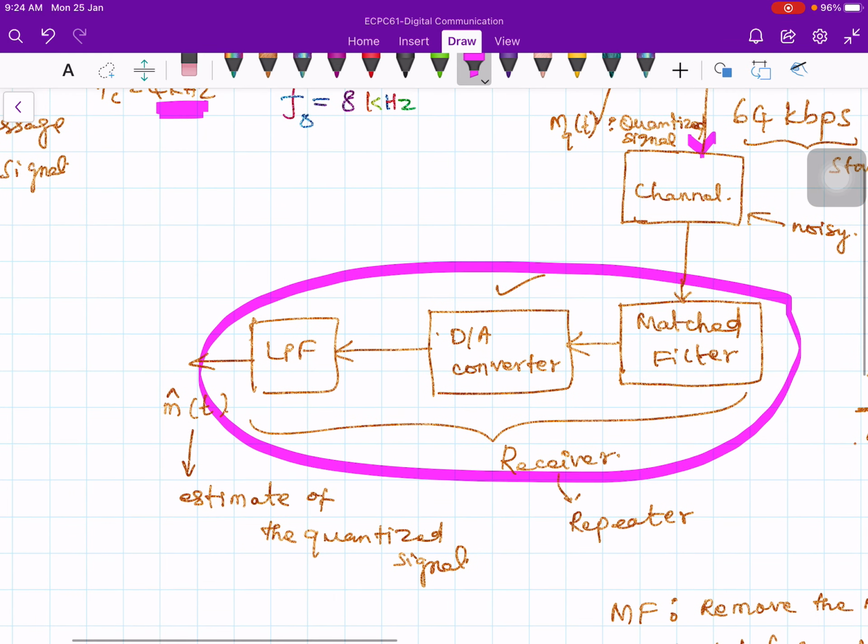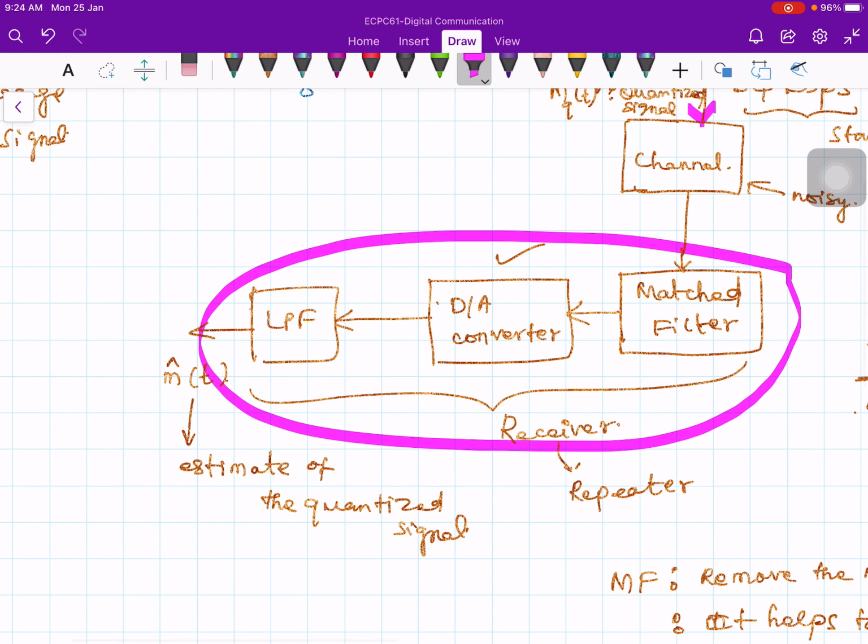This noise will be removed by the matched filter. That is why we kept this matched filter at the front end of the receiver, and then the output of the matched filter is given to the D to A converter, and then to the low pass filter.